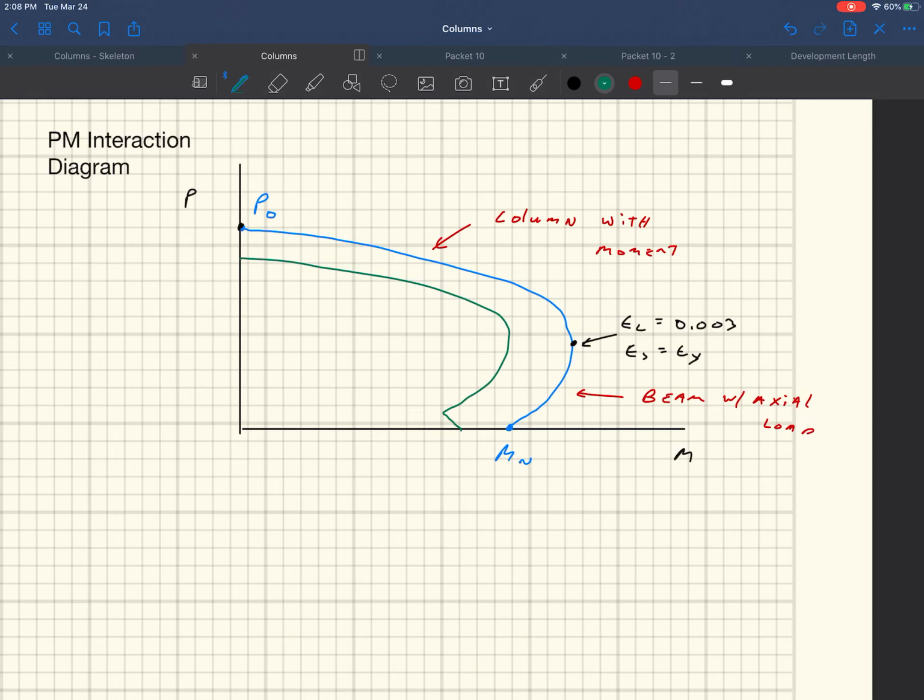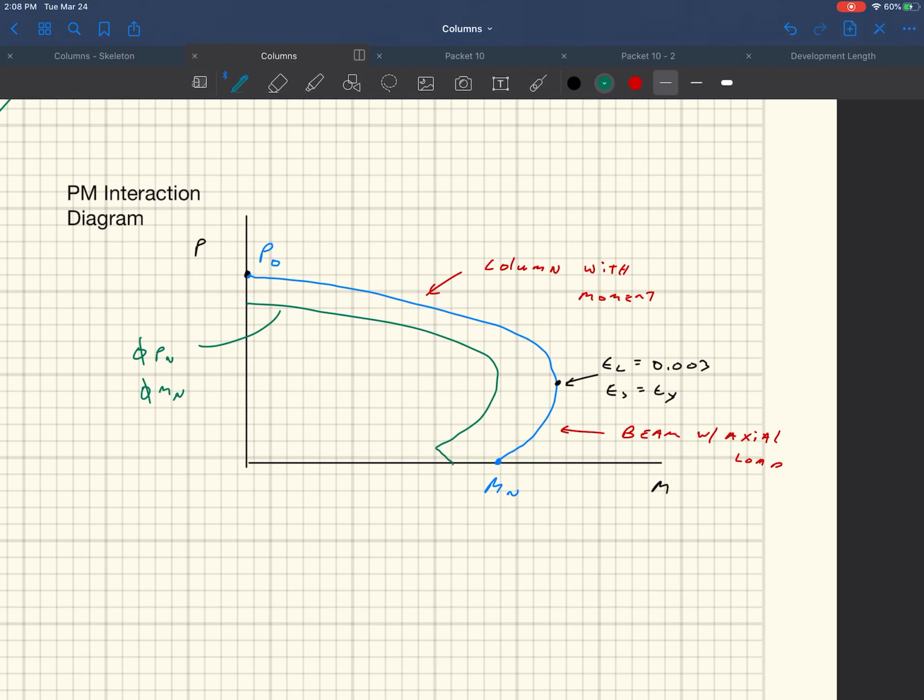So this is phi PN and phi MN. When you apply the phi factors, you back off of the axial load capacity and the moment capacity. And so you end up with curves like this, okay?